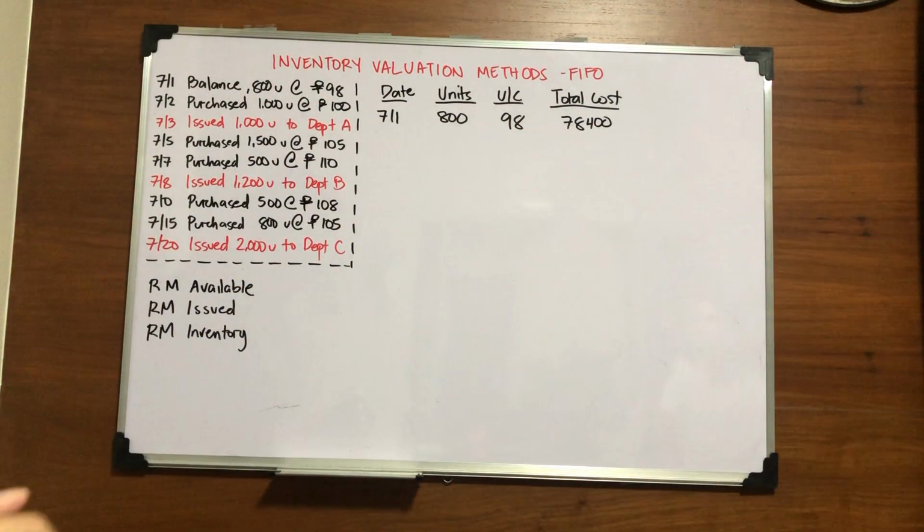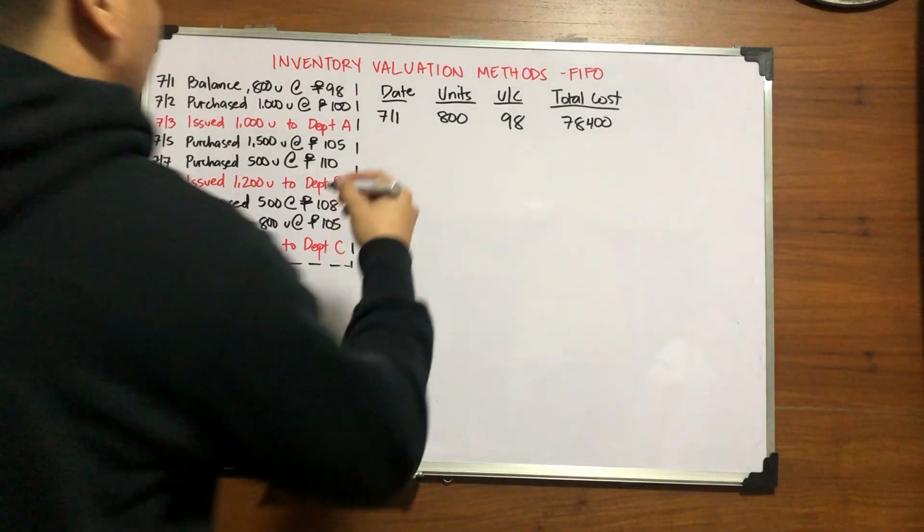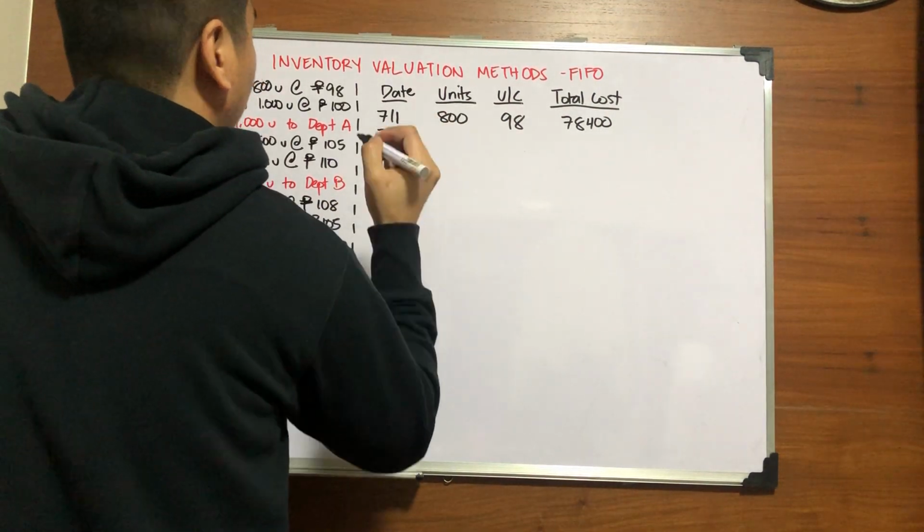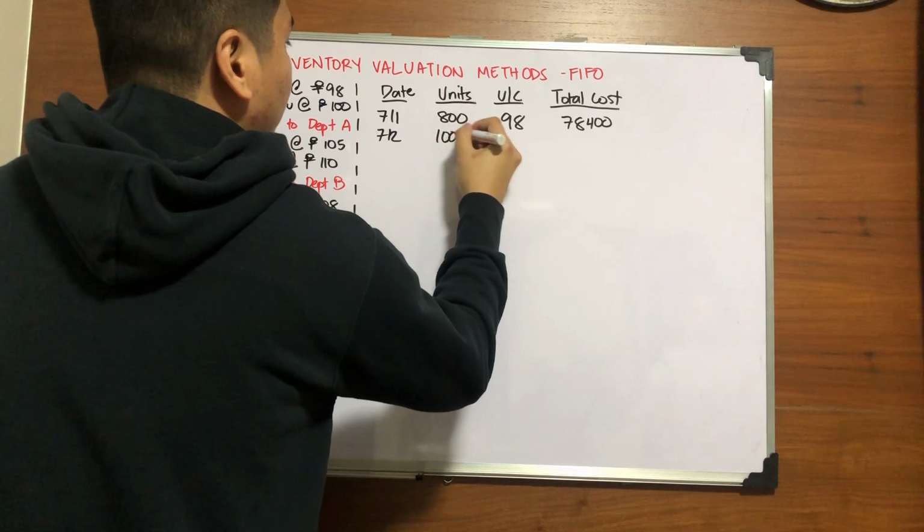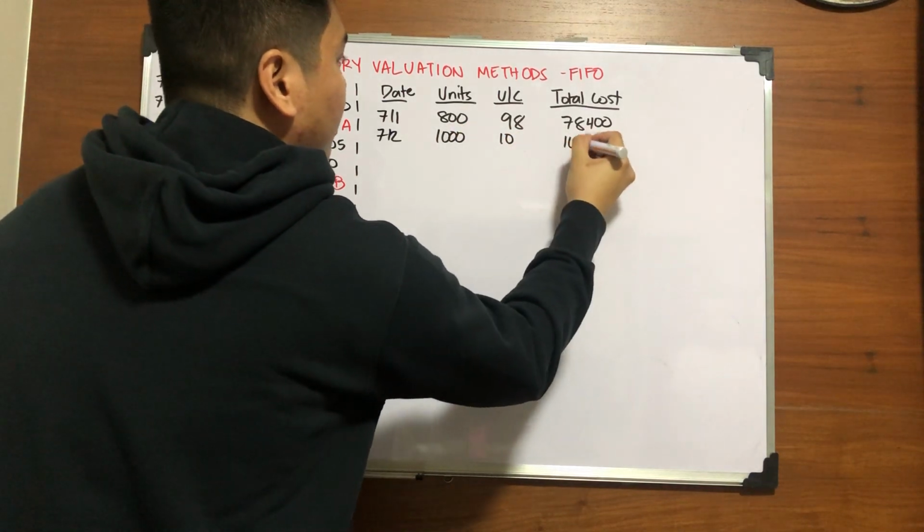So your next transaction is a purchase of 1,000 units at 100 pesos each. That would give you a total cost of 100,000 pesos.